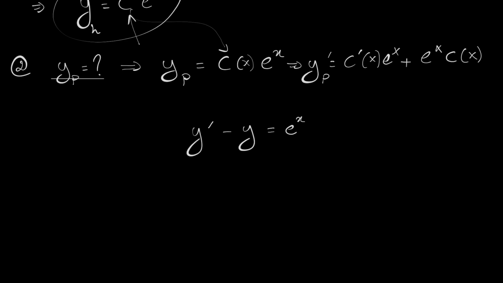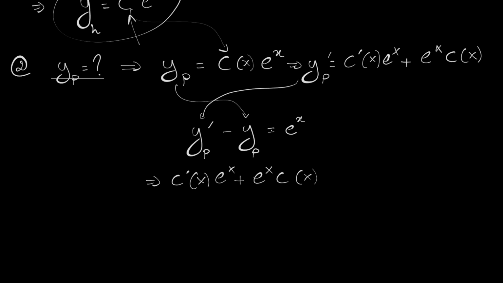Now we substitute y prime and y here, and we can write c prime of x exponential of x plus exponential of x c of x minus c of x exponential of x equals exponential of x.